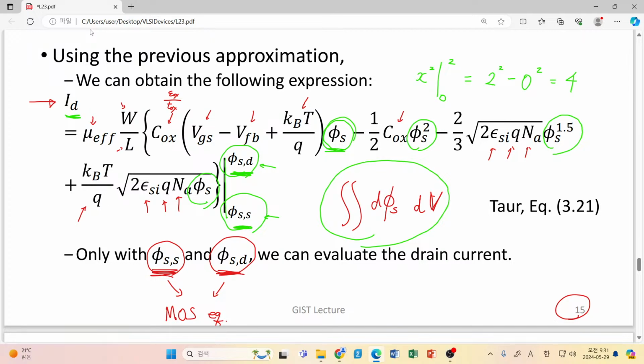So the overall computational burden is like this. When you have a certain gate voltage and also drain voltage, we must calculate the surface potentials at the source side and drain side. Of course, the MOS equation is a non-linear equation. Therefore, in order to solve for these two quantities, you have to use a certain computer program or another graphical way.